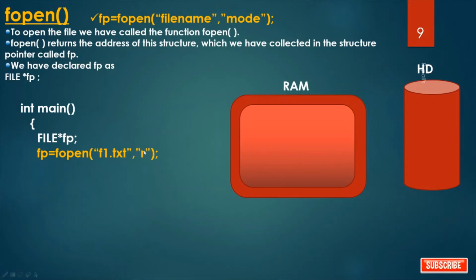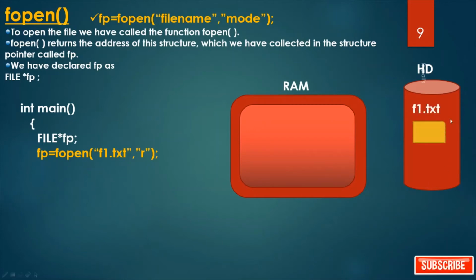Here I am using "r", which means reading mode. If the file f1.txt is found, meaning it already exists, then fopen returns the address of the file structure. But if the file f1.txt is not found, then fopen returns NULL or 0.